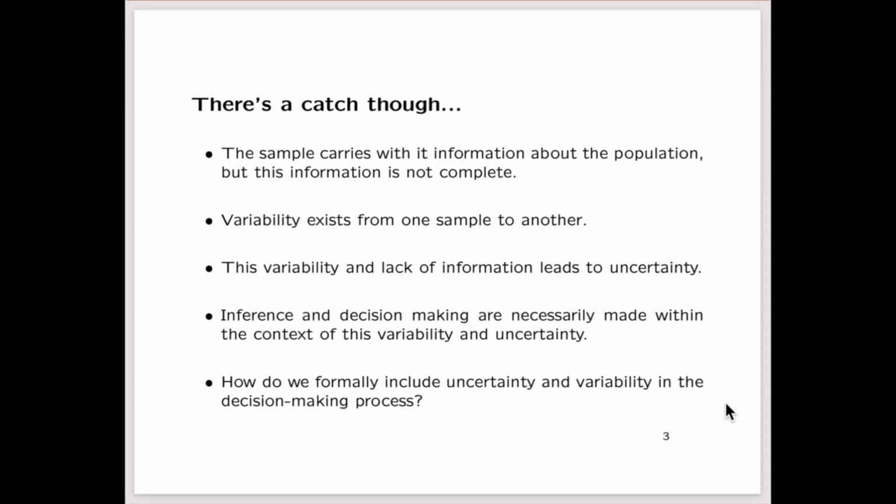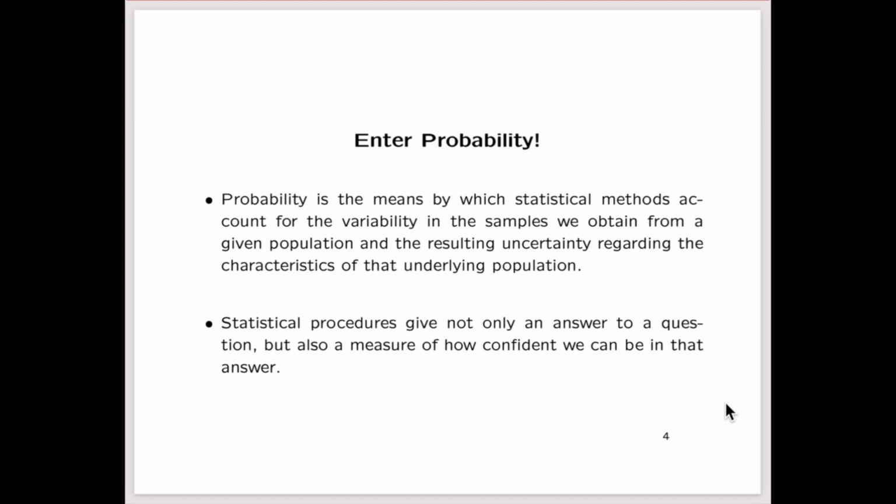So the question is, how do we formally include uncertainty and variability in the decision-making process? What is it that makes this process valid? And that's where probability comes in. Now, probability is the means by which statistical methods account for the variability in the samples that we obtain from a given population and the resulting uncertainty regarding the characteristics of that underlying population.